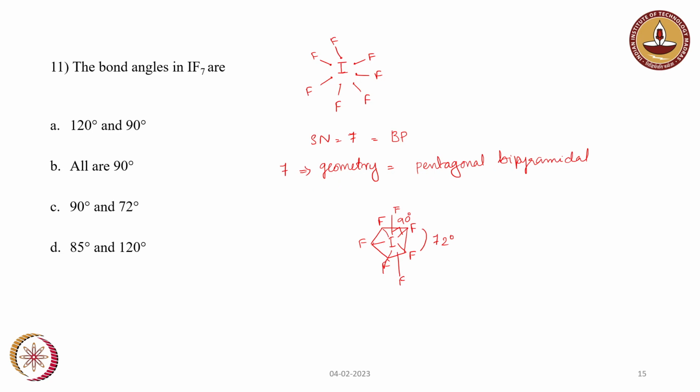If we draw the geometry, 5 fluorine will be in the equatorial plane and 2 in axial. So the angles will be 72 degrees for those in equatorial, and the angle between equatorial and axial will be 90 degrees. So the answer will be option C.